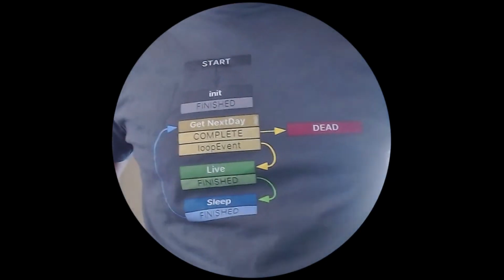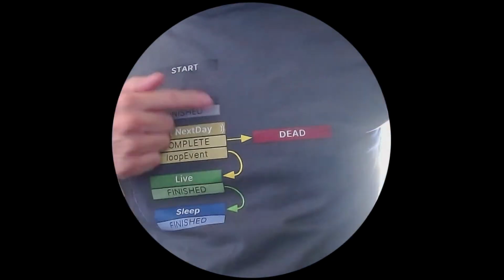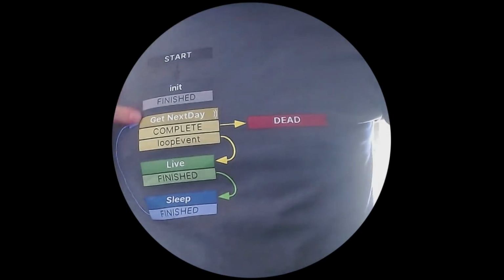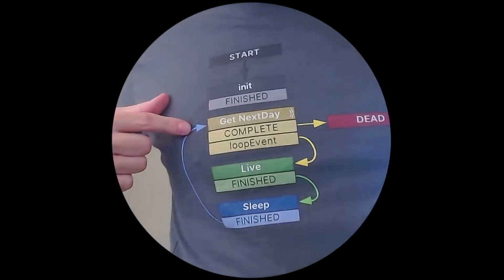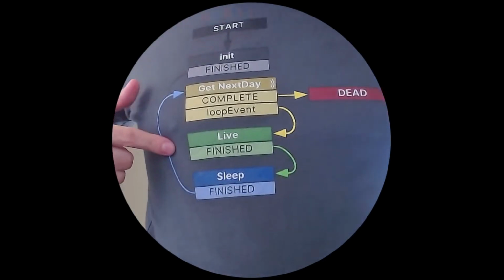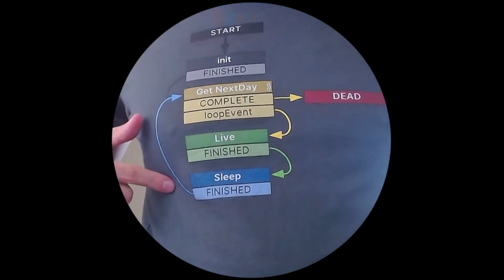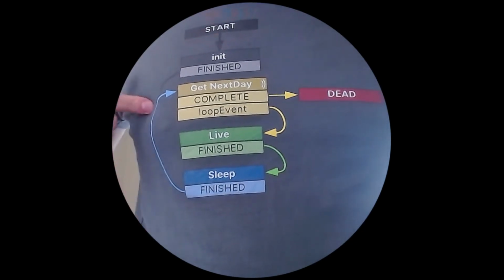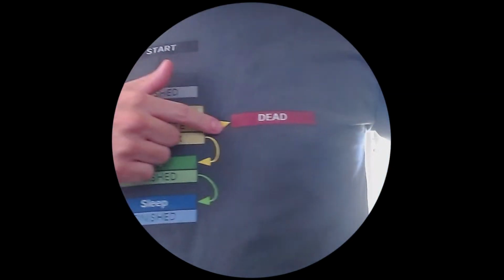Let's see, I made this shirt. Initialize, finished, get next day, loop event: live, sleep, get next day, live, sleep, get next day, and then when you're all done, you're dead.